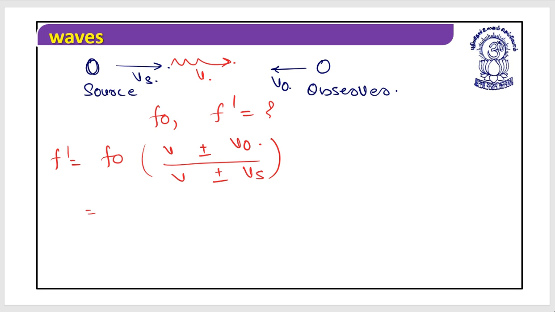This can be written as f dash equals f naught multiplied by, where v is the velocity of the wave and v naught the velocity of the observer, and since they are in opposite directions, it is v plus v naught, divided by v and vs; as the source moves in the same direction as the wave, it is v minus vs. This is the apparent frequency.